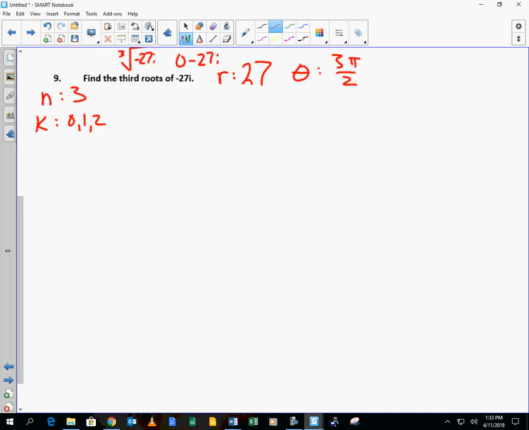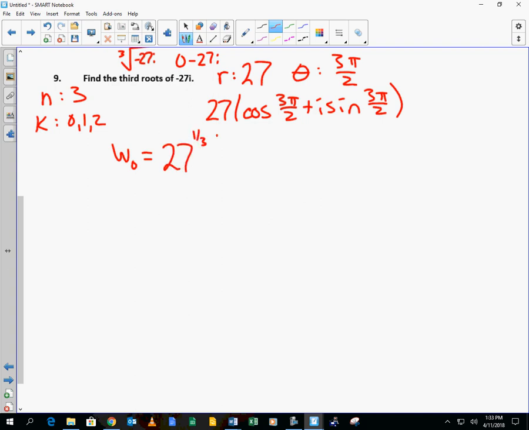Okay, here we go. I now have trigonometric form: 27 times the cosine of 3 pi over 2 plus I sine of 3 pi over 2. Is there somebody who can tell me what to do next? What do I write? W sub 0 is equal to 27 to the 1/3 power.